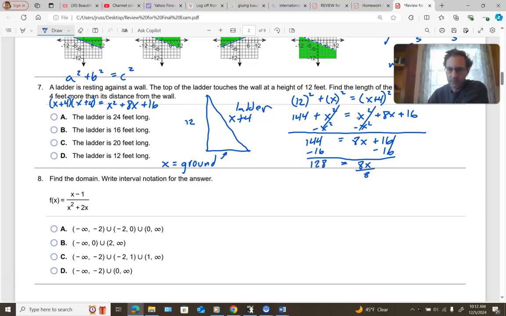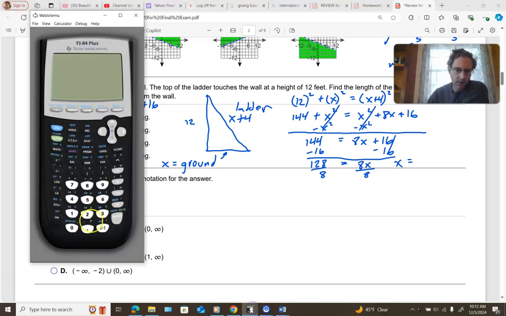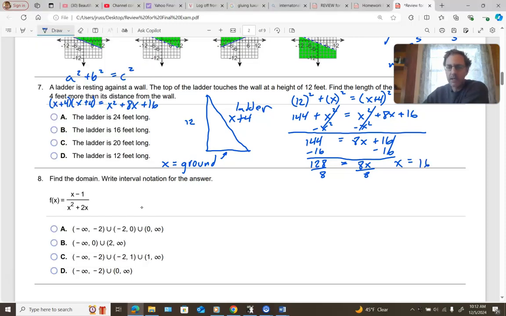And if I divide both sides by 8, I'm going to get that x is equal to, I should know this, 16. And guys, x is actually what we're looking for.